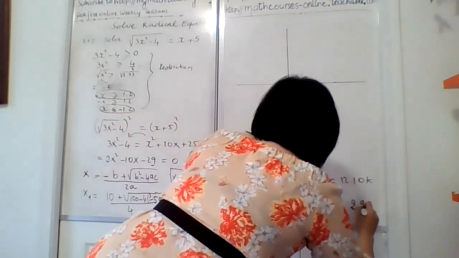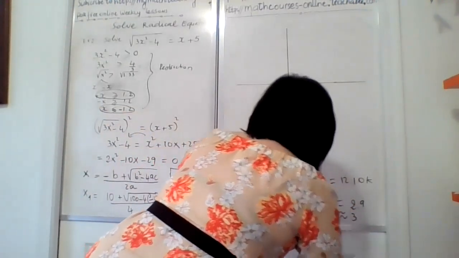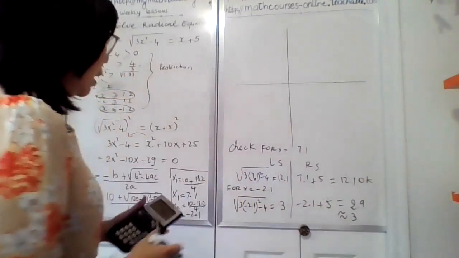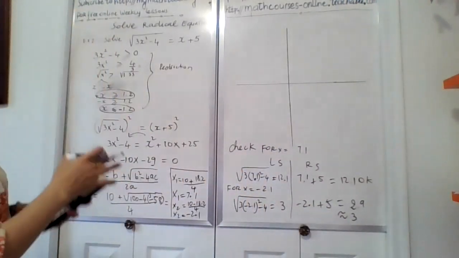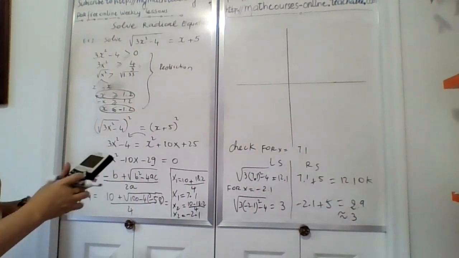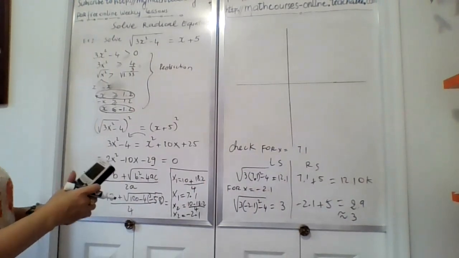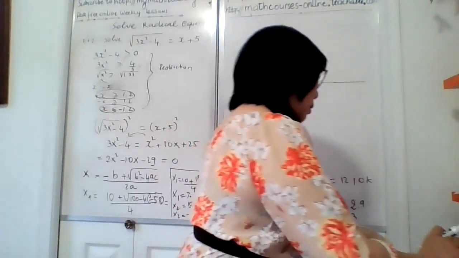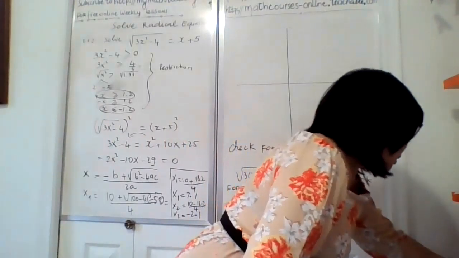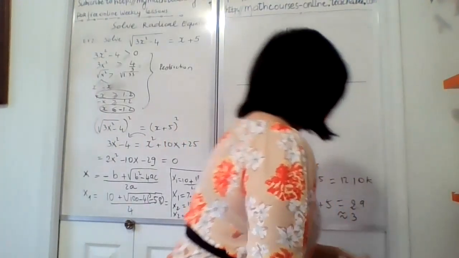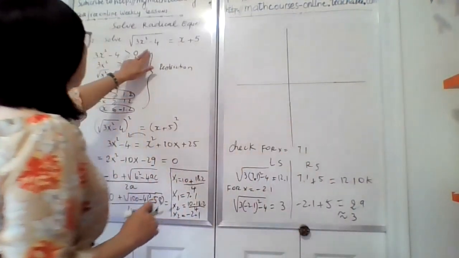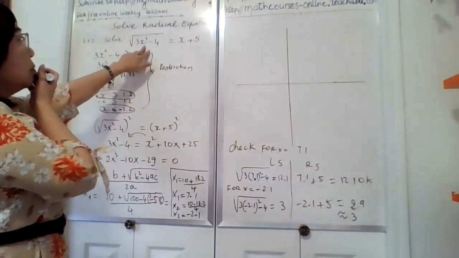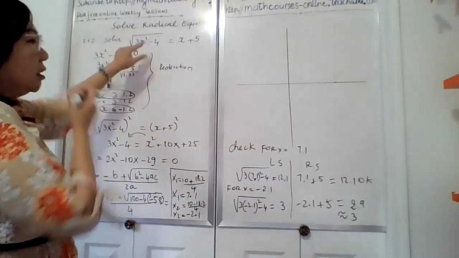So 2.9 could be rounded off to become 3. So the 3 and 3. So it looks like both solutions are correct. But let's see how we can look at it graphically and see what it looks like. Okay. So now this is a little bit tricky in terms of sketching it by hand, right?